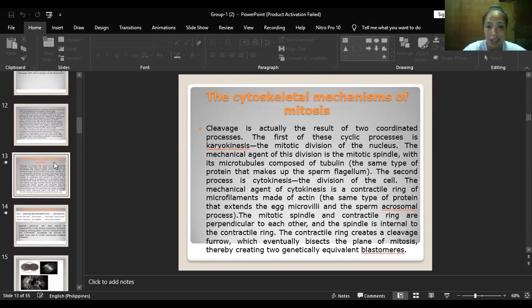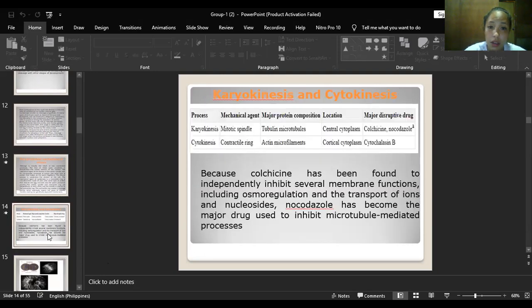The first of which is karyokinesis, which is the mitotic division of the nucleus. Next, we have the second process, which is cytokinesis. It's the division of the cell. So we have here the difference between karyokinesis and cytokinesis.